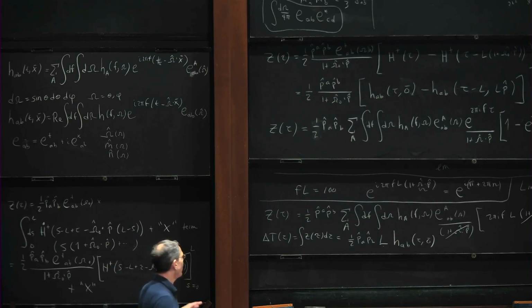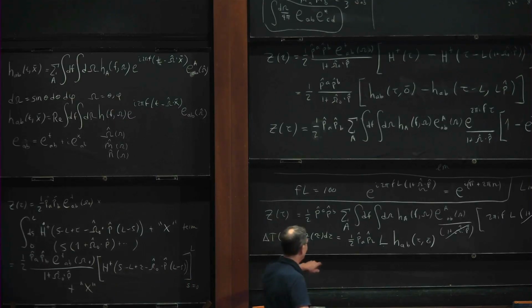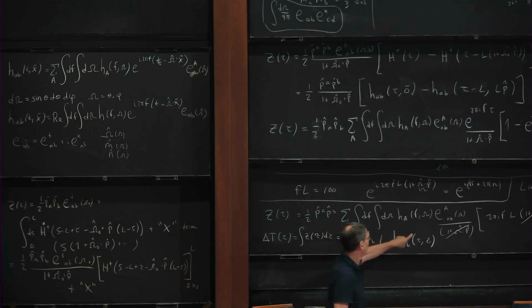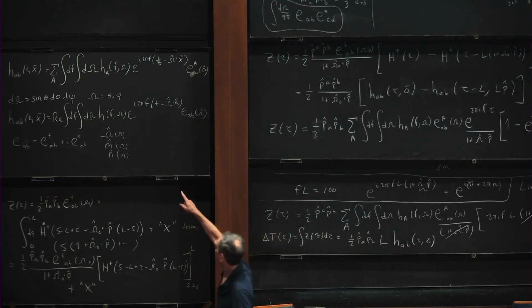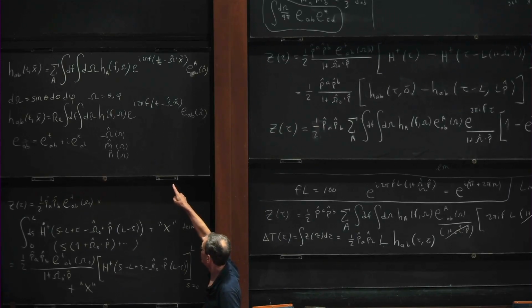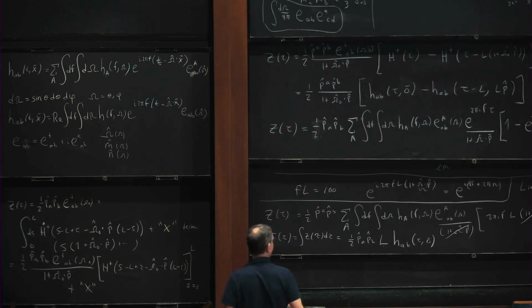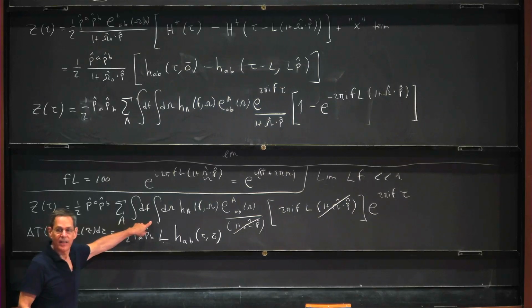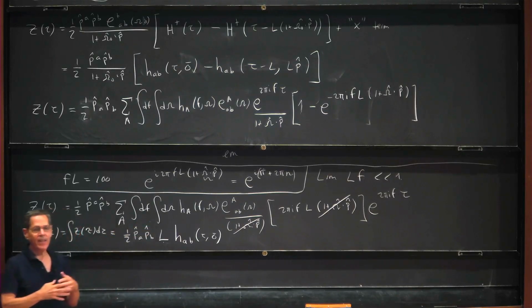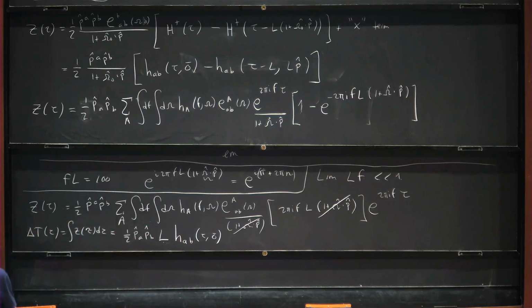So, for example, the calculation going from this line to that line, I never use the fact that it's plane waves, ever. Because look at what HAB of tau and 0 is, right? Just plug in t equals tau and x equals 0 into that very top expression. It's the same thing I've got written here. So, in fact, this doesn't depend on having plane waves.